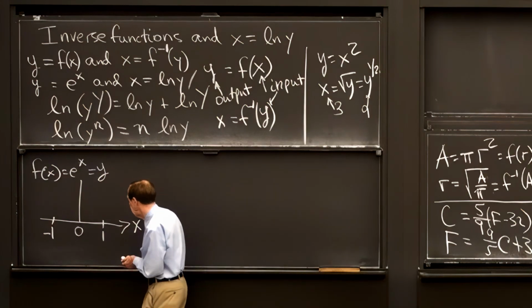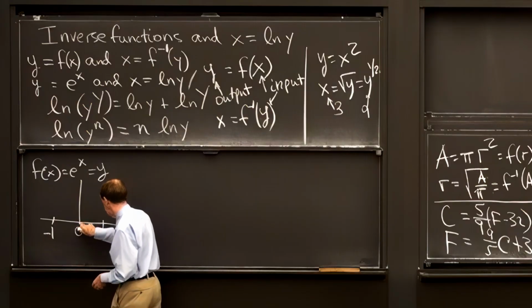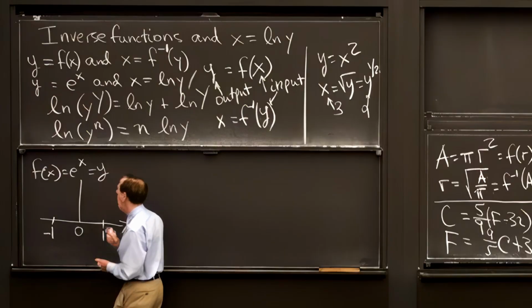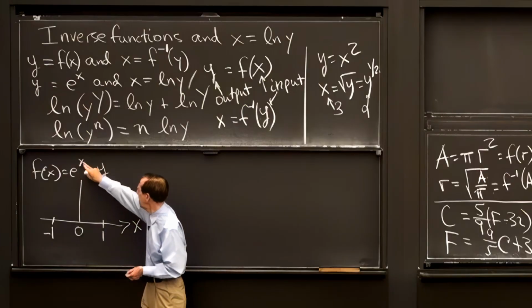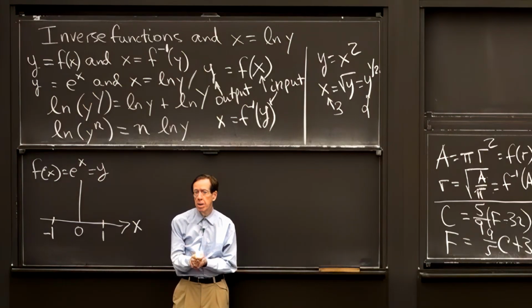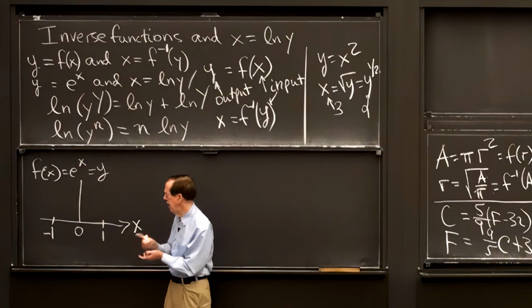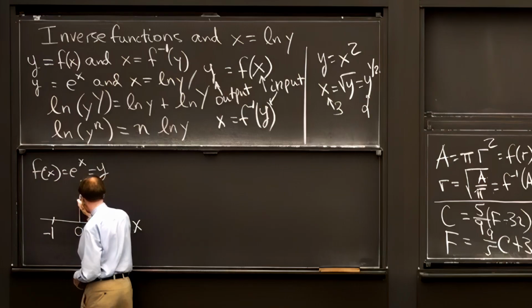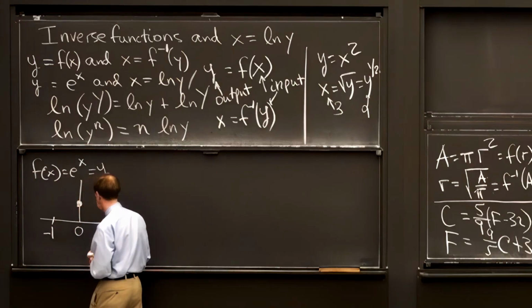Let's see, where is it? When x is 0, what's y? Y is e to the 0th power, which is 1, right? E to the 0 is 1. The exponential function starts at 1, right there. That height is 1.